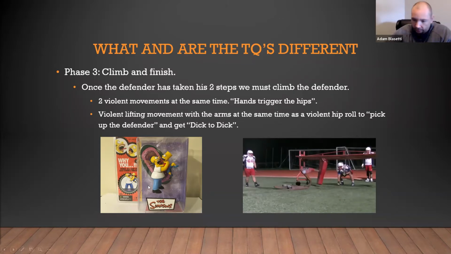As you can see with Homer Simpson here down in the corner, we want to try to choke that defender with his pads by lifting him with our arms and our hips to pick the defender up, and we want to close all distance between the defender and myself by getting, what I say to my players is, dick to dick with the defender. We want to eliminate all distance because separation and distance in the run game is your enemy.